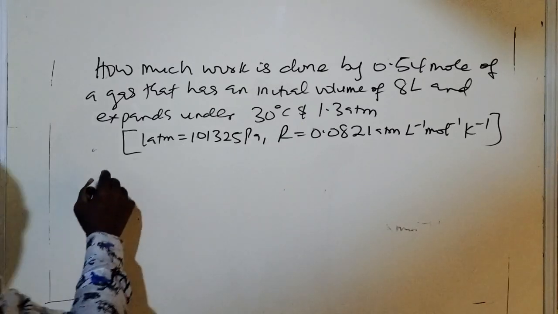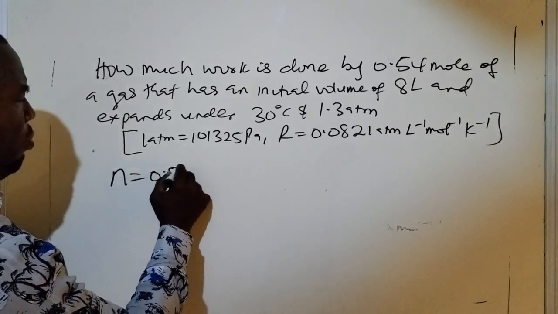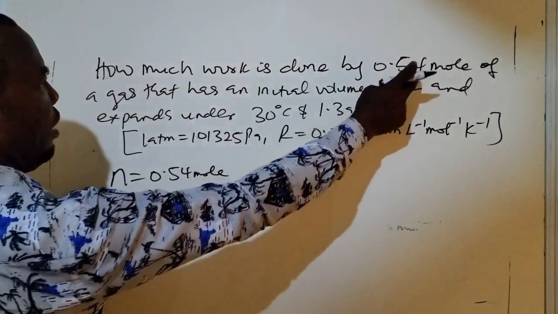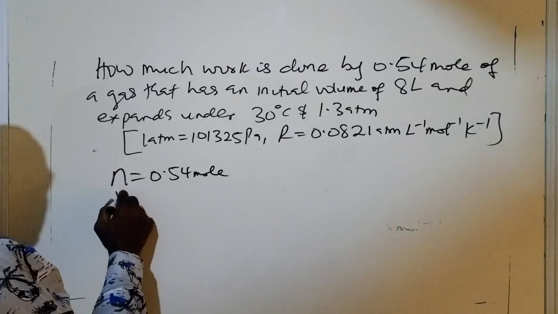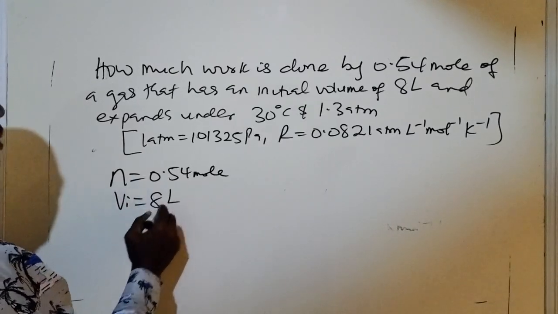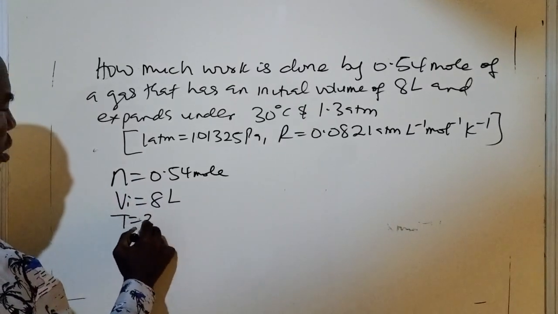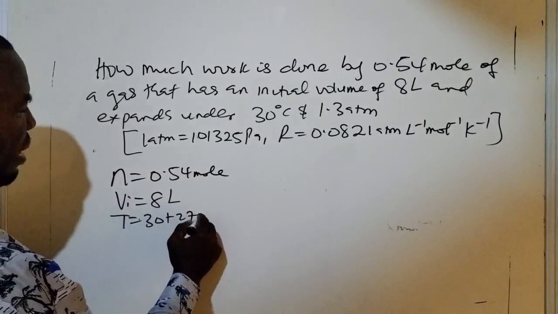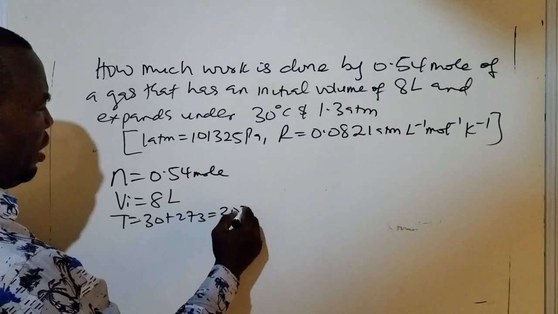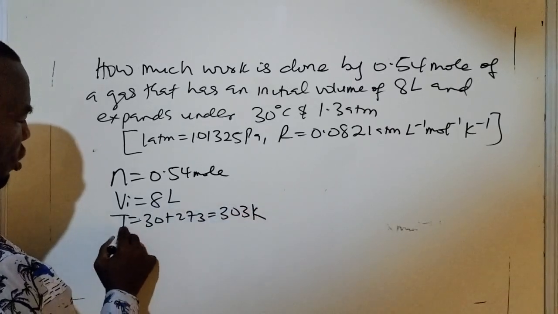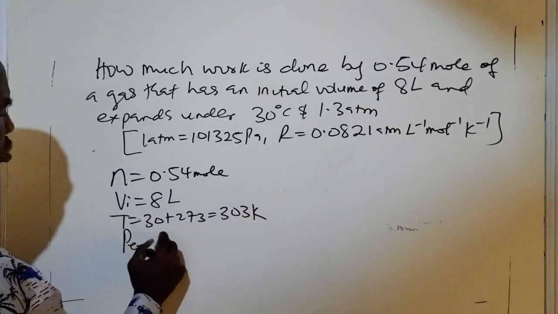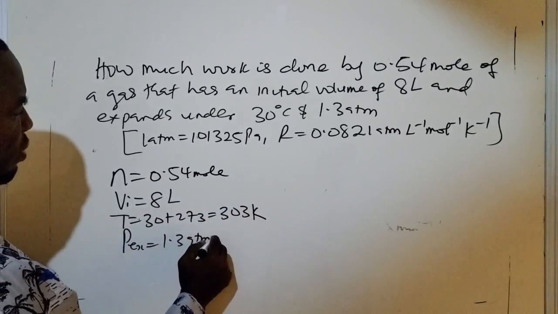The number of moles is 0.54 mole. The initial volume is 8 liters. Temperature is 30. You convert it to Kelvin by adding 273. That gives you 303 Kelvin. Pressure is 1.3 atmosphere.